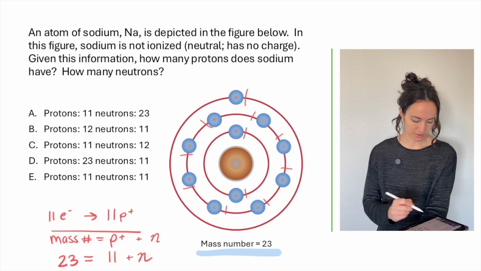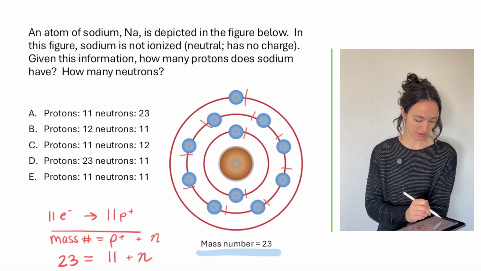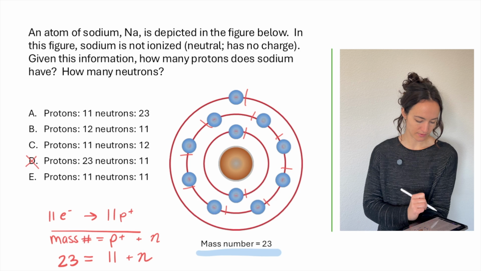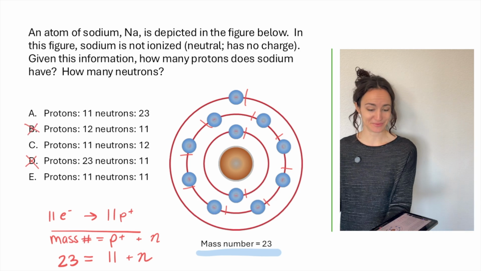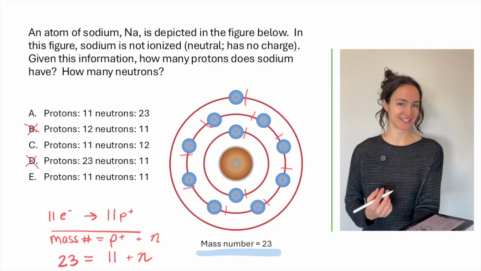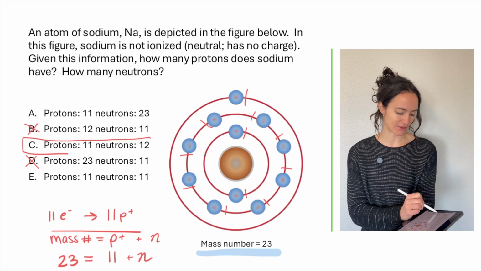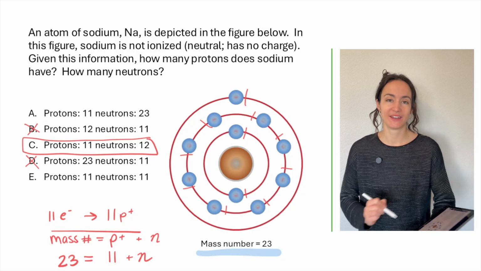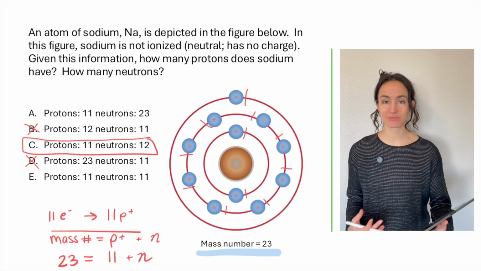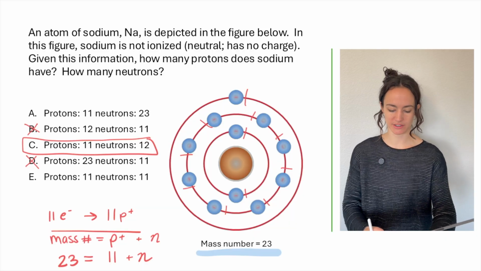I know I have 11 protons already, so actually that even just crosses out D and it crosses out B. And so how many neutrons do I need to get to 23? It's going to be 12, and that's how I get at my answer, C here. So it seems kind of intimidating at first, but it's actually some simple math using the equations that we just learned about.